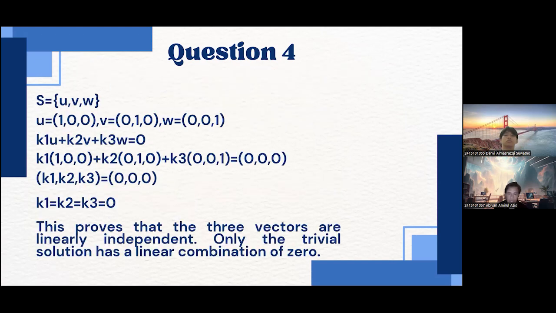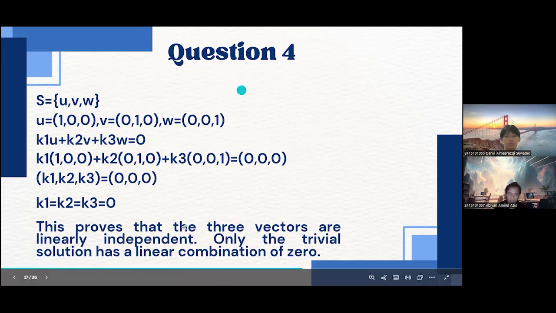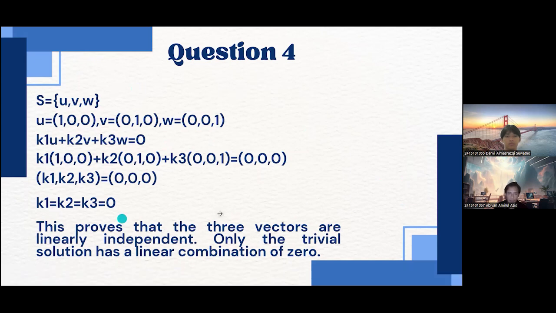As for question number 4, the first part consists of three linearly independent vectors in R3. This means that U equals (1, 0, 0), V equals (0, 1, 0), and W equals (0, 0, 1).